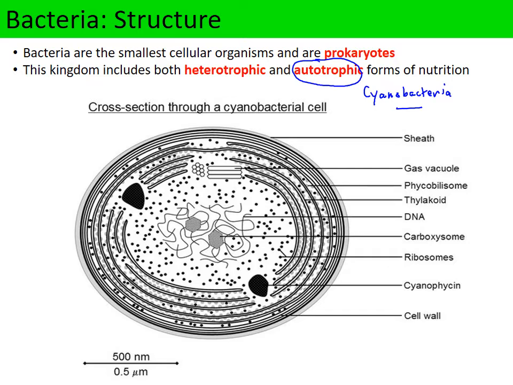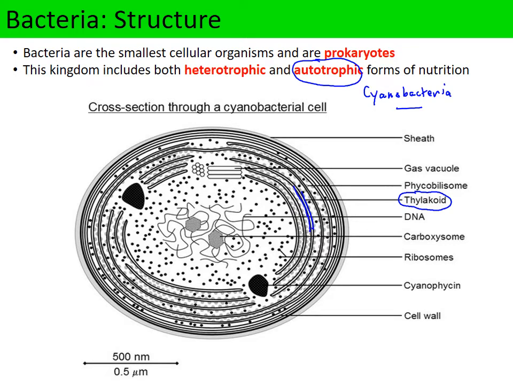These thylakoid membranes are not organelles, so we do get them inside chloroplasts, inside eukaryotic cells like plant cells. But here we've got the thylakoid membranes within the cytoplasm of this prokaryotic cell. So you can see here, this is the thylakoid membranes inside this cyanobacterium.